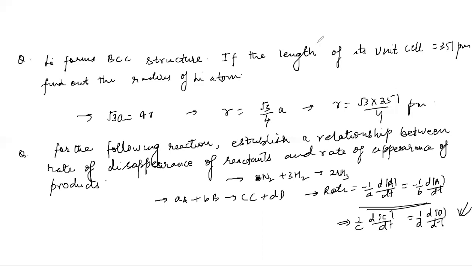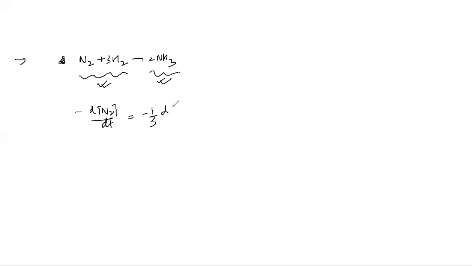So in this case, with N2 plus 3H2 forms 2NH3, the rate of disappearance is defined for these reactants and the rate of appearance for this compound. So we can write minus dN2 upon dt is equal to minus 1 by 3 dH2 upon dt, which is equal to 1 by 2 dNH3 upon dt. So this is our relation.